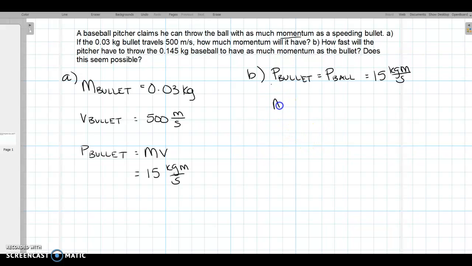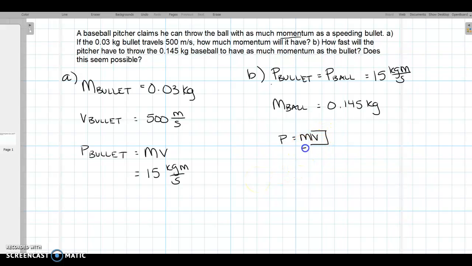But the mass of the ball is equal to 0.145 kilograms. For our equation P equals mv, we need to solve for the velocity, so we need to get v alone.